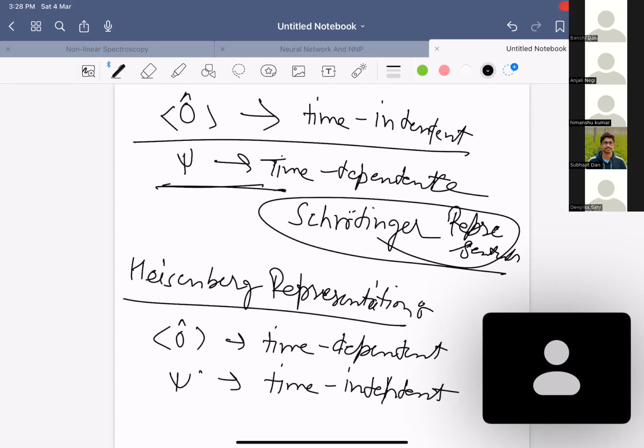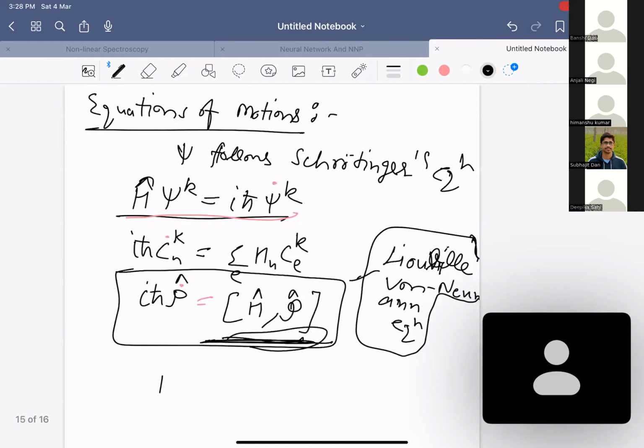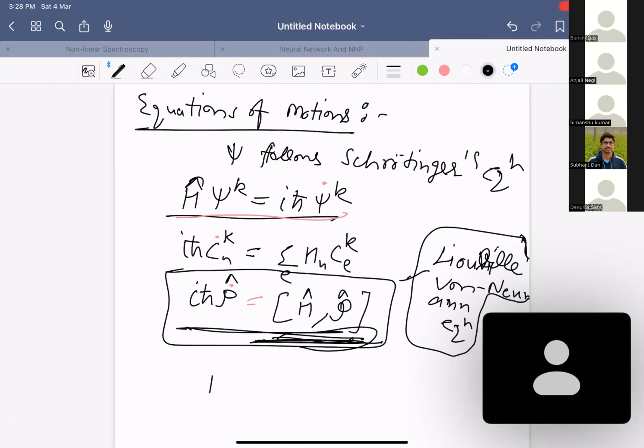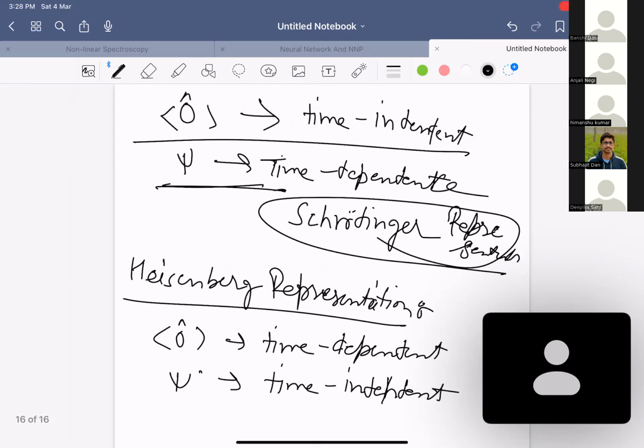If we write the Liouville-von Neumann equation in the Heisenberg representation, then the operator is time dependent, so the time derivative is taken over the operator, and simply like this.